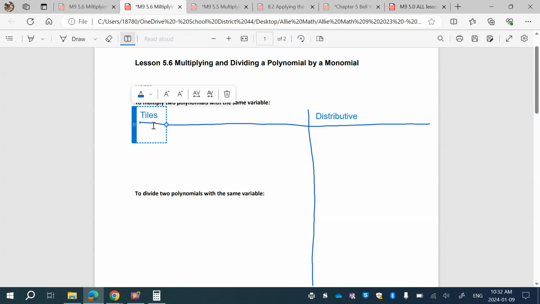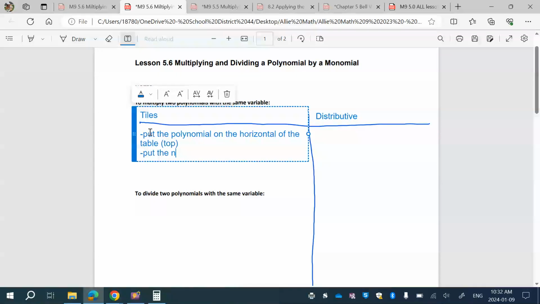So for tiles, our first step would be to put the polynomial on the horizontal of the table. I'm actually going to call that the top as well. Next step, put the monomial on the vertical of the table.